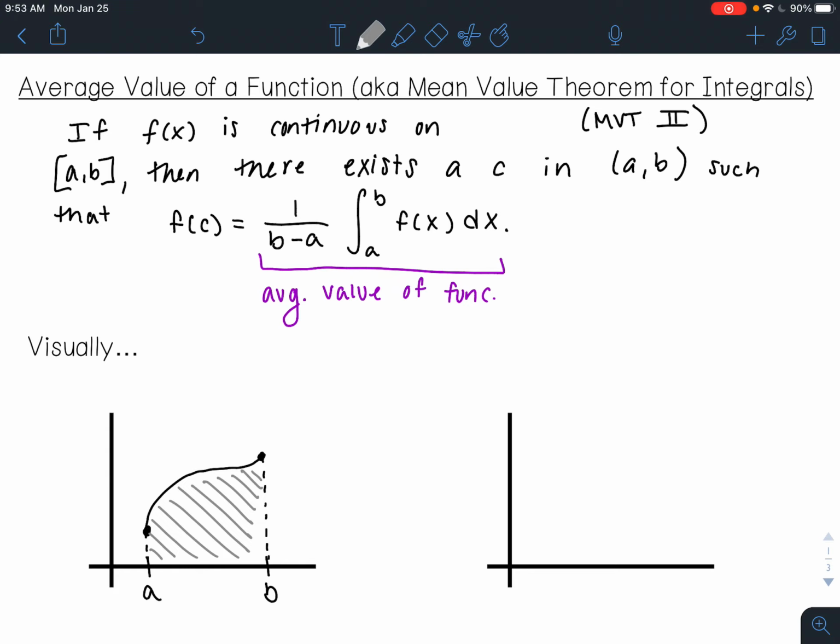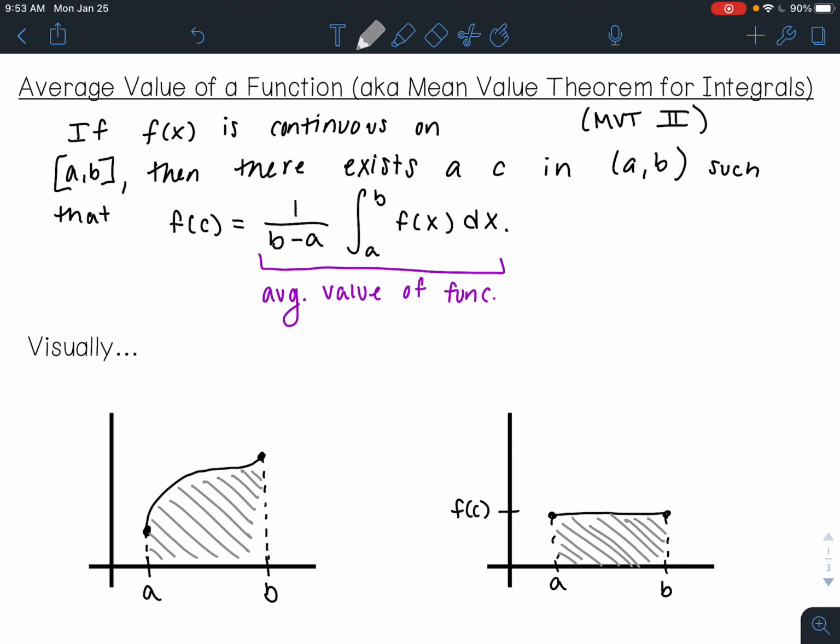What the mean value theorem for integrals does visually is it creates, say your f of c is here. We still have a and b. I didn't draw these very proportionally, so it's a little hard to visualize.